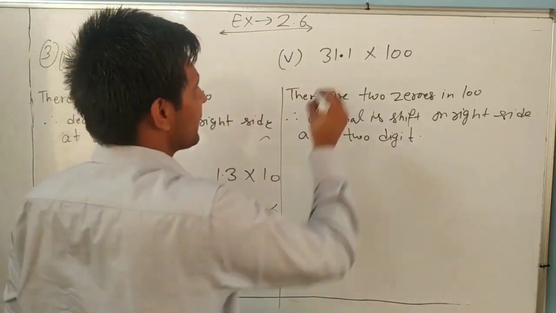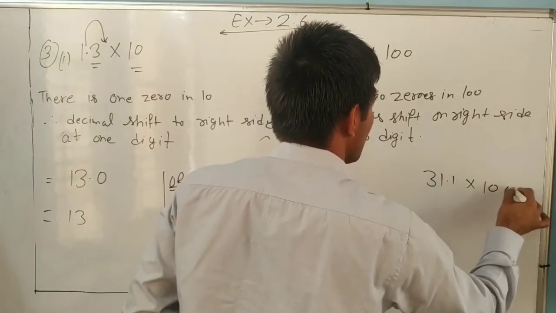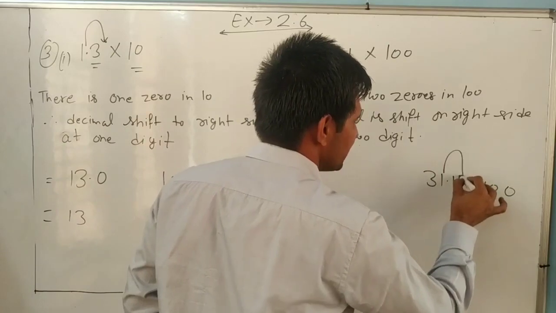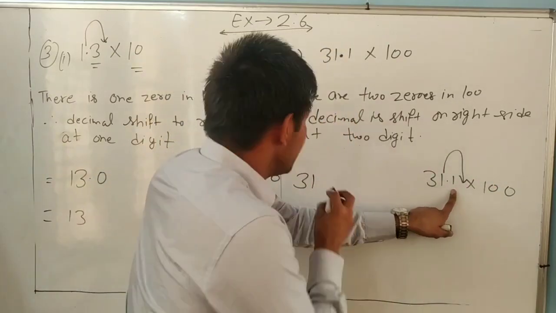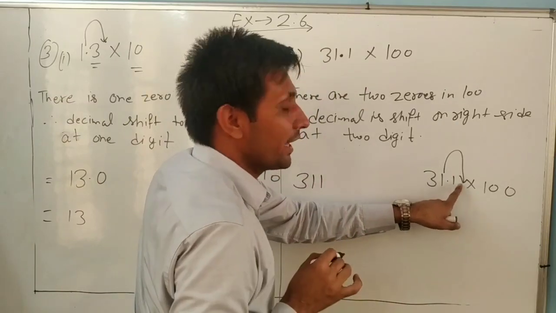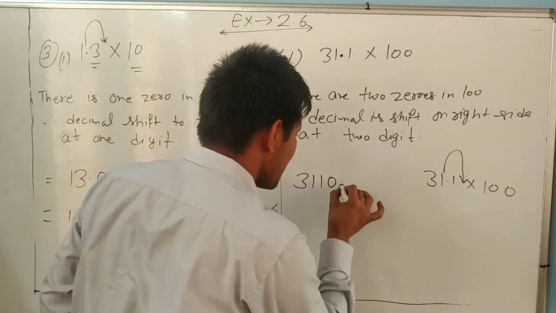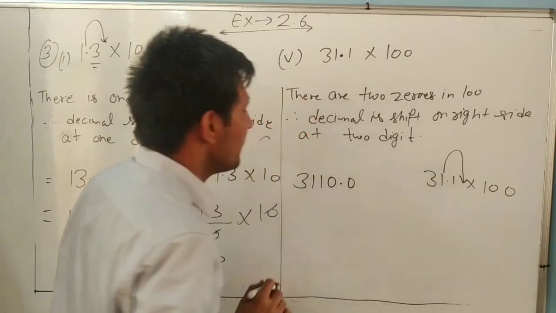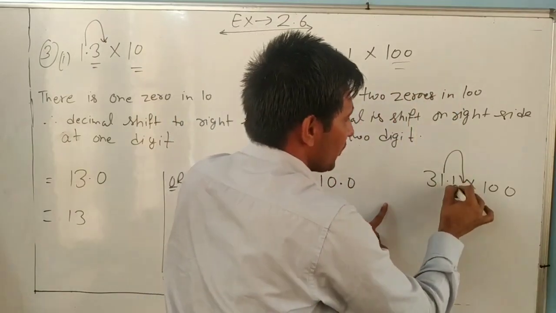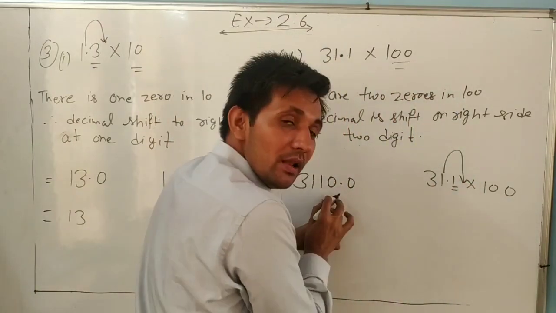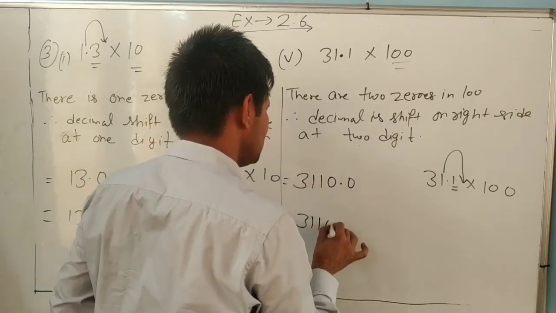But you will say, sir, here it is only 3.11 into 100, and there is only 1 digit after the decimal. So first we write 311, and the decimal needs one more digit, so we add a 0, because the decimal is shifted 2 digits.